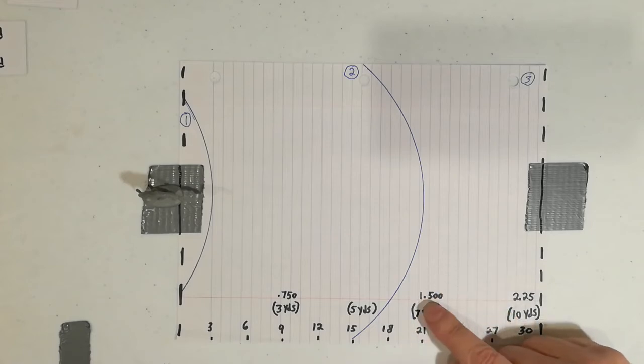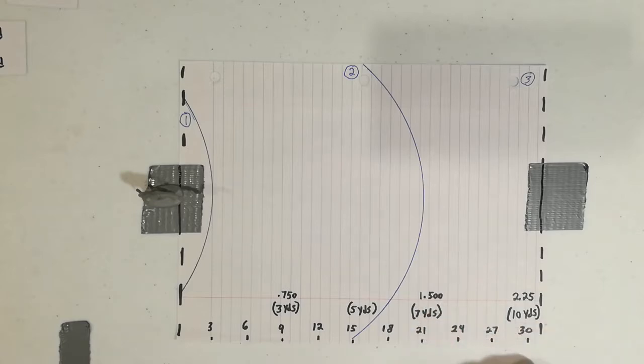is 7 yards. What this is, is a person that's unarmed can charge you and hurt you or kill you within 1.5 seconds, charging from 7 yards.